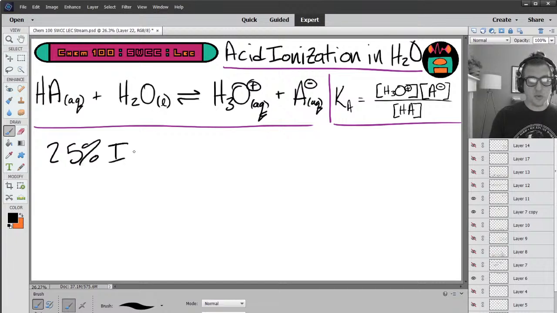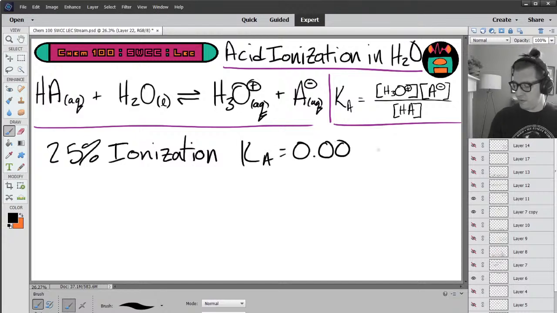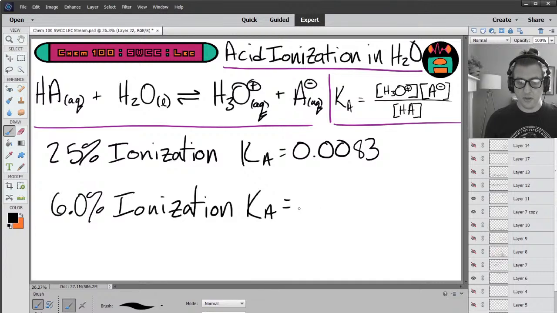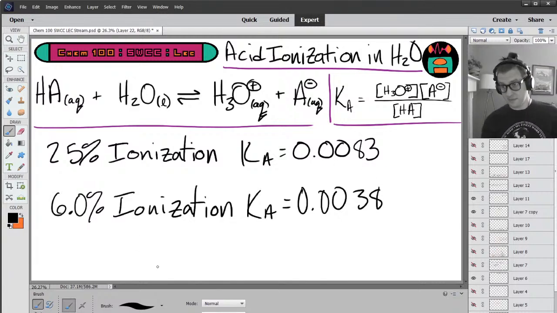When we had an acid with a 25% ionization, we had a Ka of 0.0083. When we had a 6.0% ionization, our Ka has a value of 0.0038. Funny symmetry there, purely coincidental.